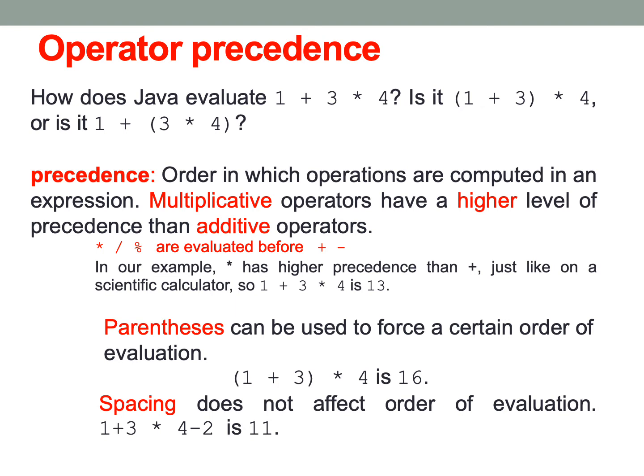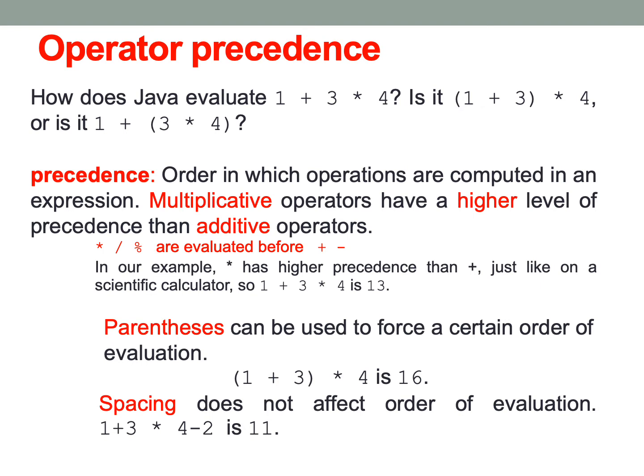So if we have multiplication, division, or modulus, they are evaluated first before plus and minus, addition or subtraction. In our example, multiplication has higher precedence than addition, just like on a scientific calculator. So 1 plus 3 times 4 will become 13 because it will do 3 times 4 first, then only add it with 1.